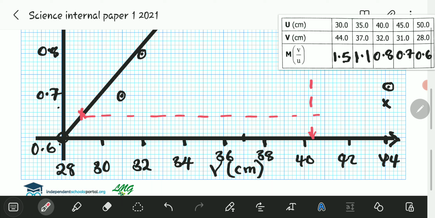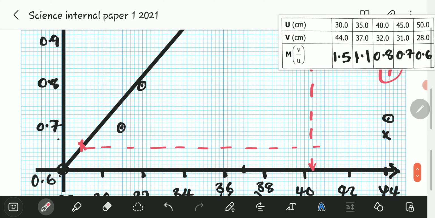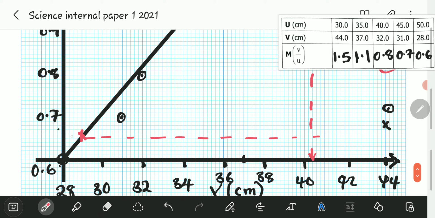I know I've picked points that are relatively difficult to find, but we'll get through that. For this one, it's this point and this point.